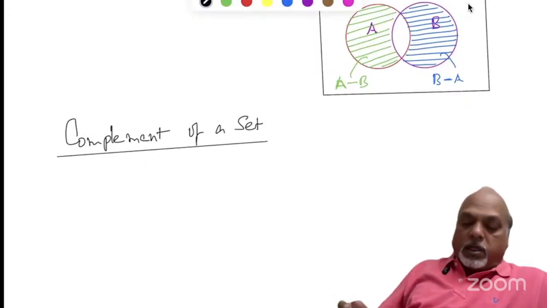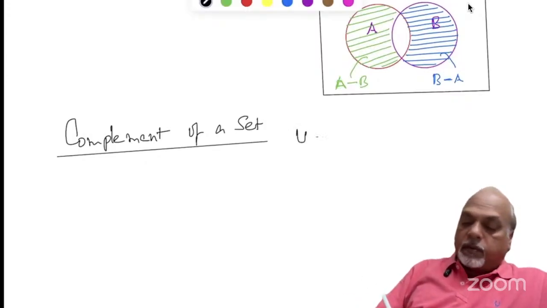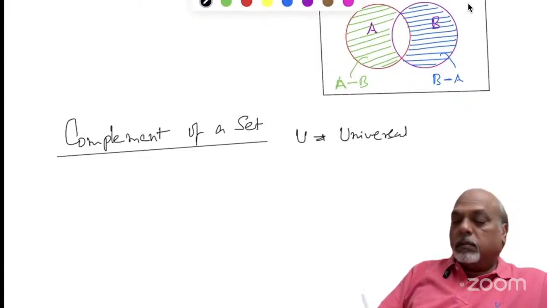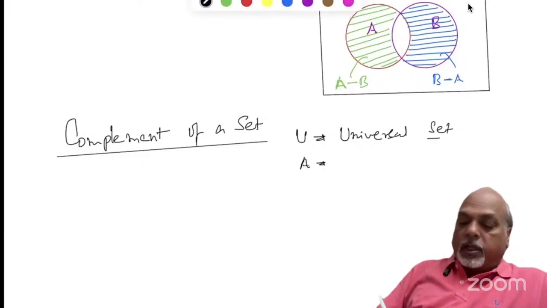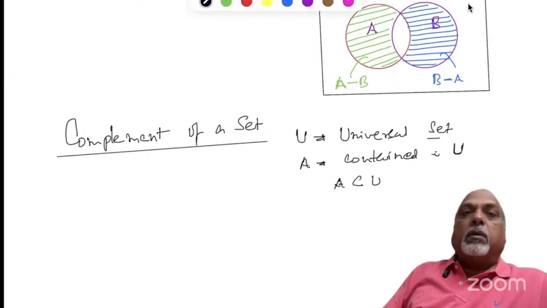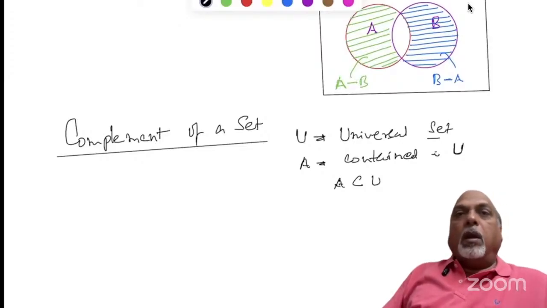Suppose you have a universal set and you have a set A contained in the universal set, or you can say A is a subset of U. Then what is the complement?